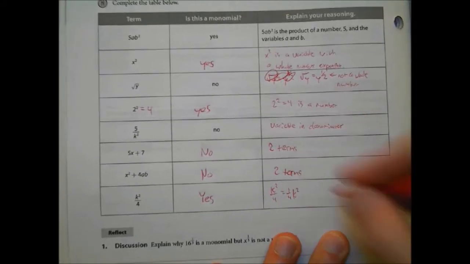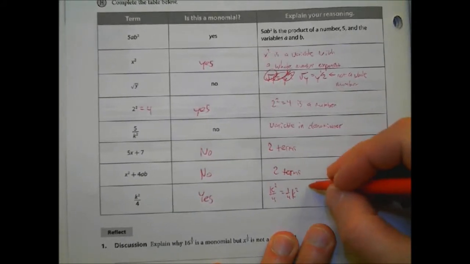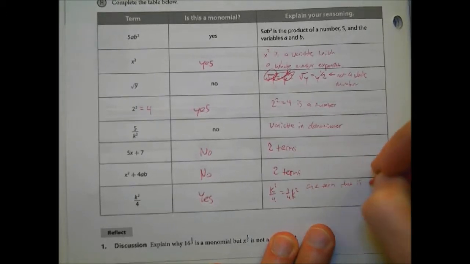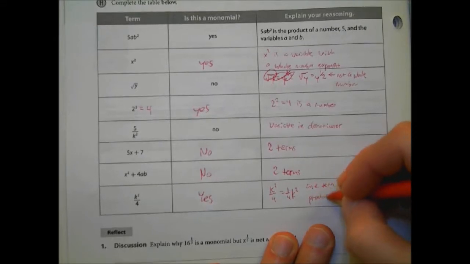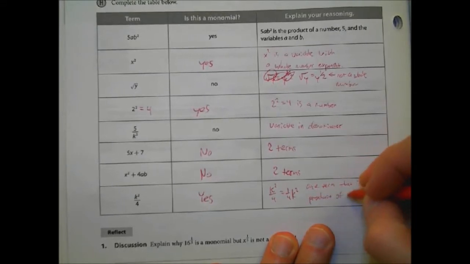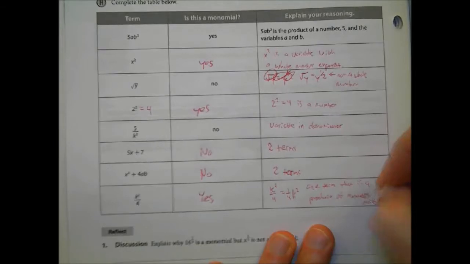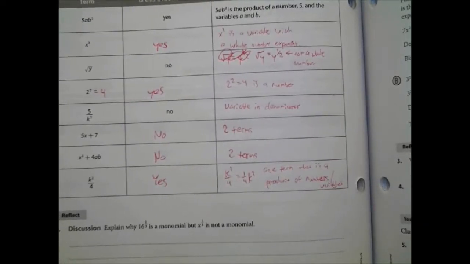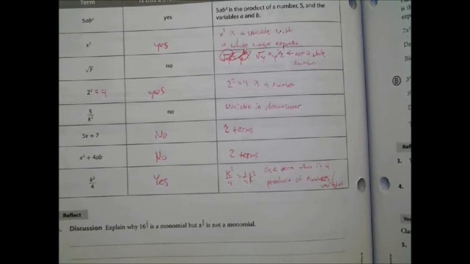And so it's 1 term that is a product of numbers and variables. Something like that. It's kind of harder to do the description for when it is a monomial because you have to kind of go through all the pieces. It's a product of number and variables. It's no whole number exponent, no variable in the denominator, stuff like that.